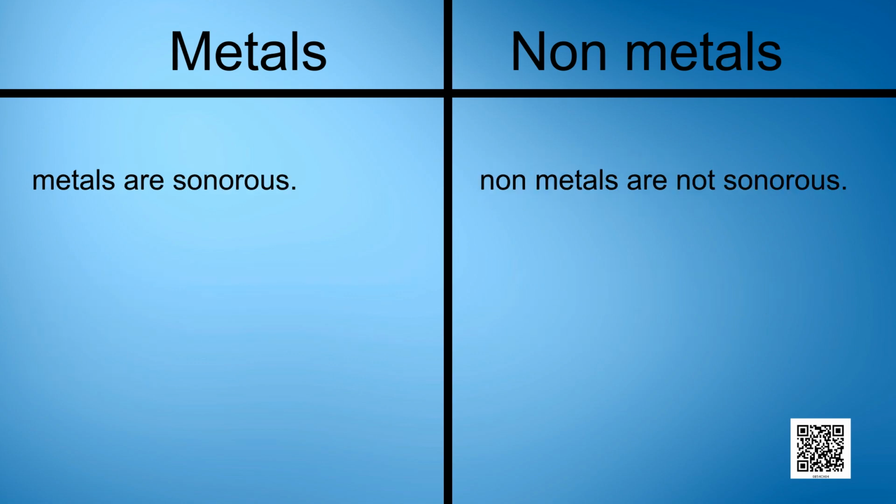They produce sound. Whereas the nonmetals are non-sonorous, as they do not produce any ringing sound when we strike them. You must have seen the bells in the temples and in your school. They all are made up of metals.